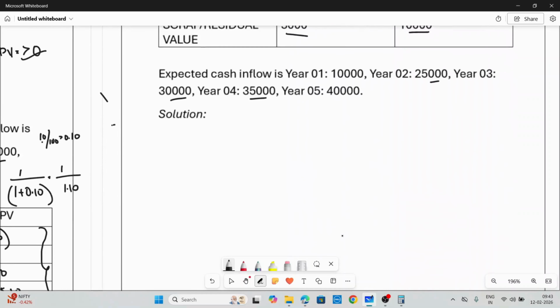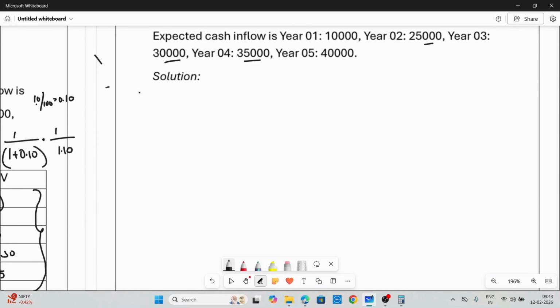Now let's solve the problem. Project A. Year, CF at 10%, discount rate and PV.